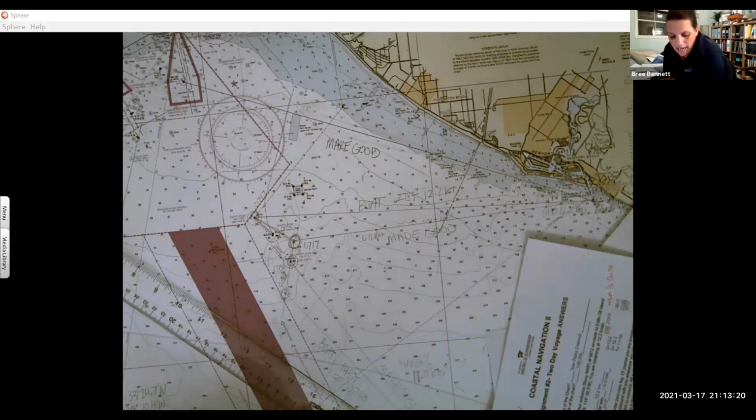Then it tells me I have a set and drift. From this, I know set and drift is typically 0.70 at a drift of 1.7.